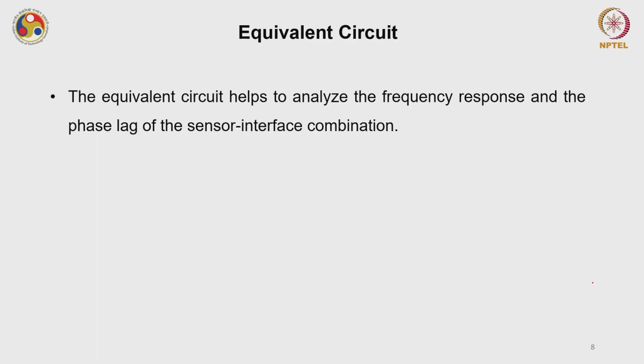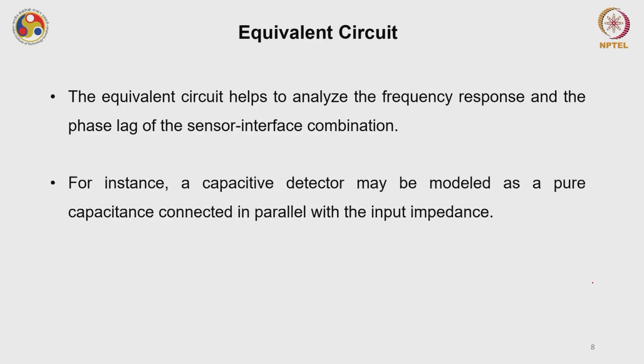Now once we understand this input and output impedance, let us also understand the equivalent circuit of the sensor. If you know the equivalent circuit of your sensor, defining the interface circuit becomes an easier task. It helps in analyzing the frequency response and the phase lag of the sensor-interface combination. Say a capacitive detector can be modeled as a pure capacitance connected with the input impedance of the circuit.